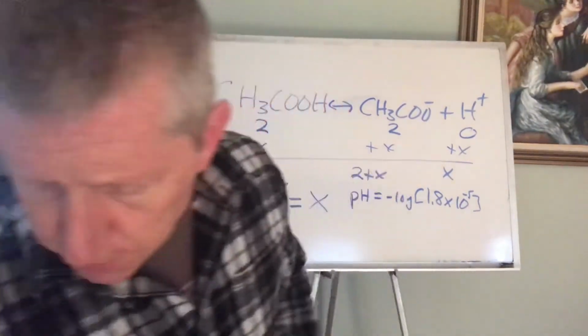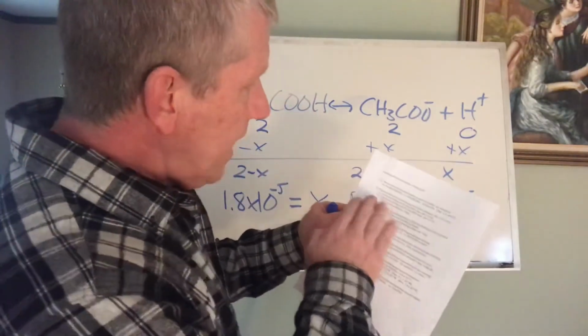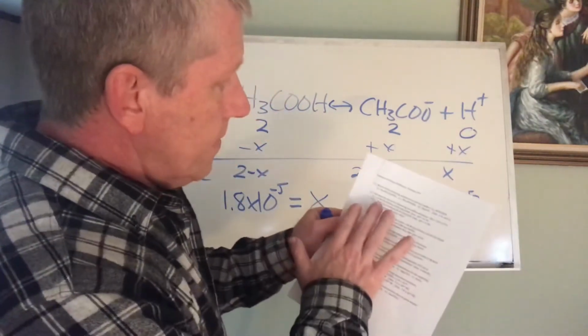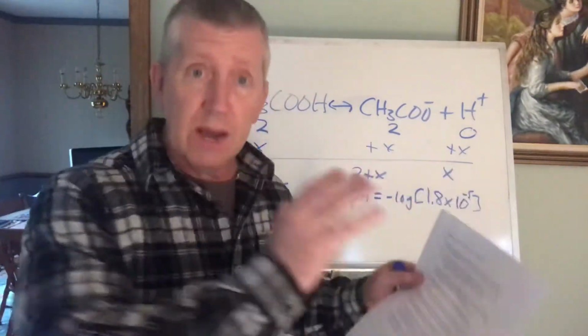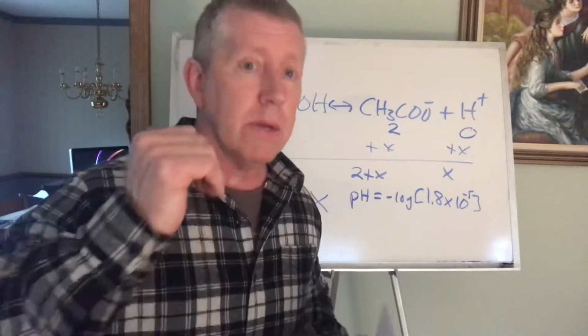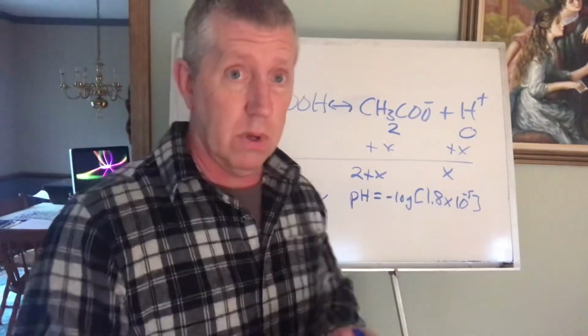All right, now the next question, part B of this question here, is what if we have the same system? We have the acetic acid and the sodium acetate, but 0.2 molar concentration this time instead of 2. This is quick.